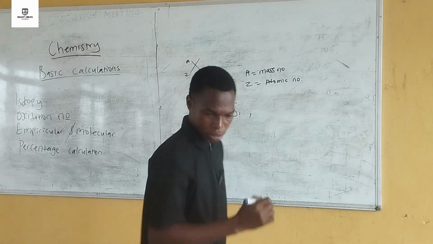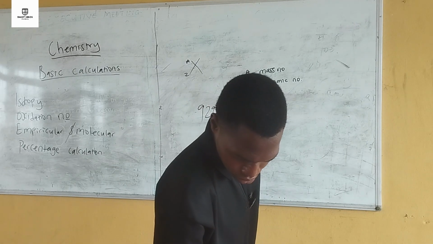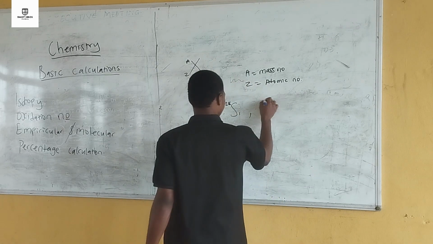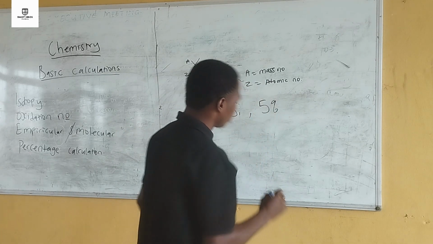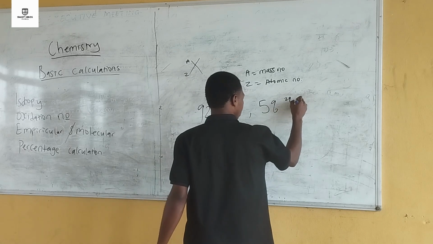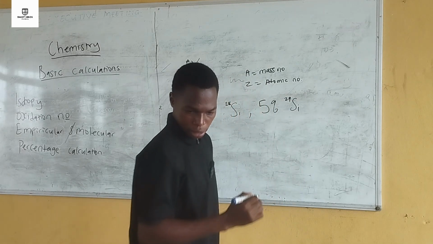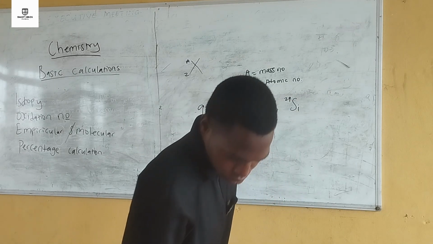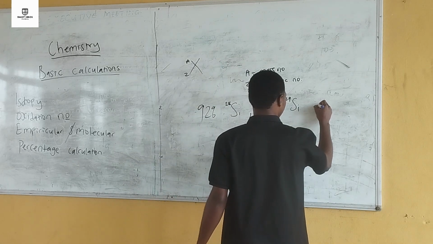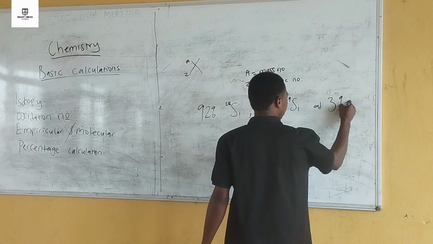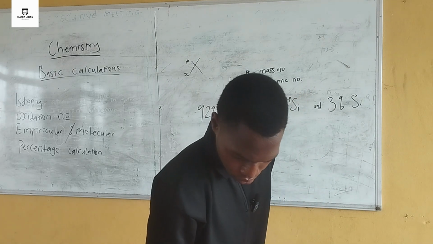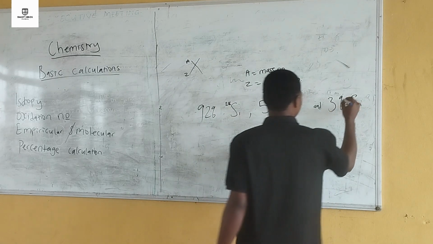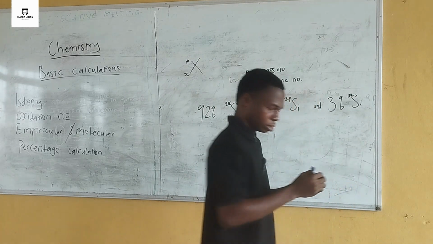Then it has 5% of another silicon, with mass number 29. And the last one is 3% silicon, with mass number 30.